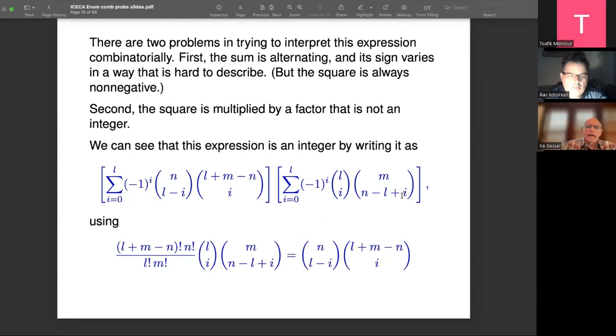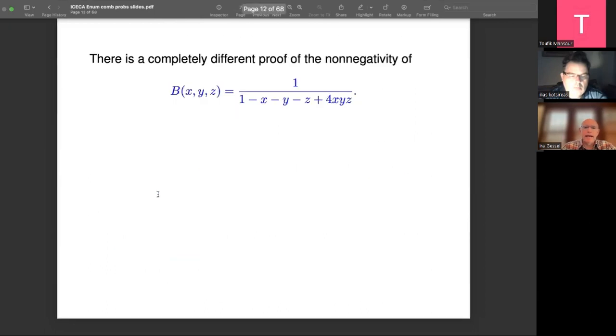We get that by using this formula that says if you have a product of two binomial coefficients and you multiply it by that quotient of factorials, you get a product of two different binomial coefficients. This is a very elementary fact, but it means that this product is no longer the product of something with itself. So we no longer have a square.